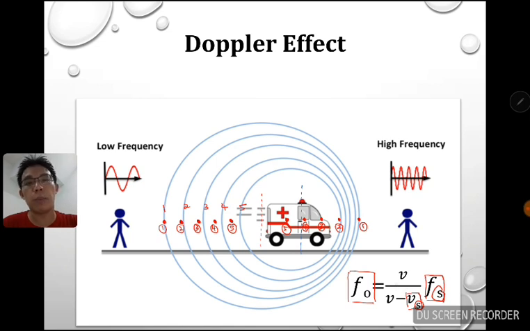In this case, it's the speed of the ambulance, the speed that the ambulance is moving. And then the other v here is the speed of the sound wave, which is usually about 330 or 340. So this one is the speed of the sound wave, 330 or 340.